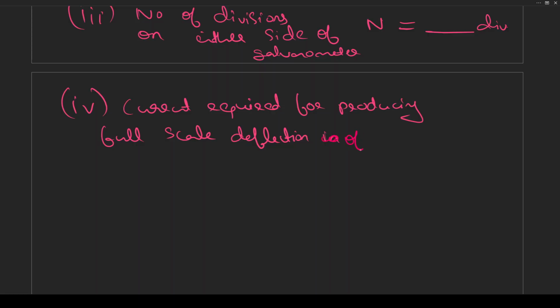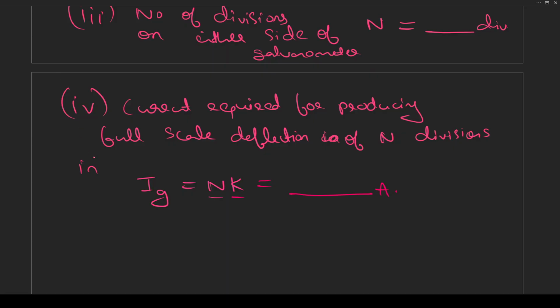Full scale deflection of n divisions in the galvanometer is Ig, which equals n into k, where n is the number of divisions on either side of the galvanometer, and k is the figure of merit of the galvanometer, which equals dash ampere.